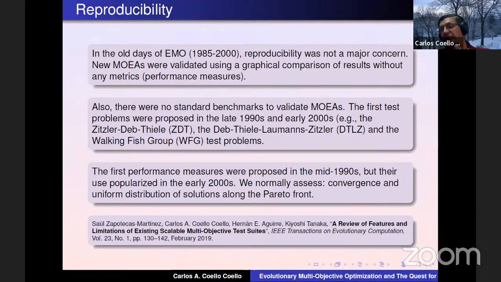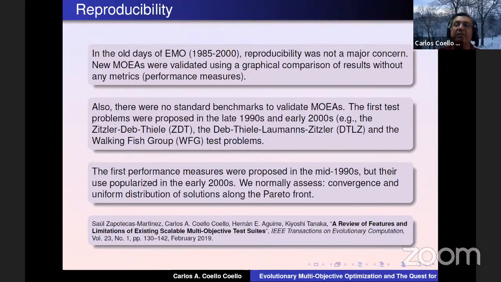And I was a PhD student from 91 to 96. So at that time, I was able to read some of the early papers on EMO from Carlos Fonseca, also Jeffrey Horn and a few other people, Kalyanmoy Deb, while I was a student. And I witnessed this evolution on how reproducibility radically changed, same as validation in this field.